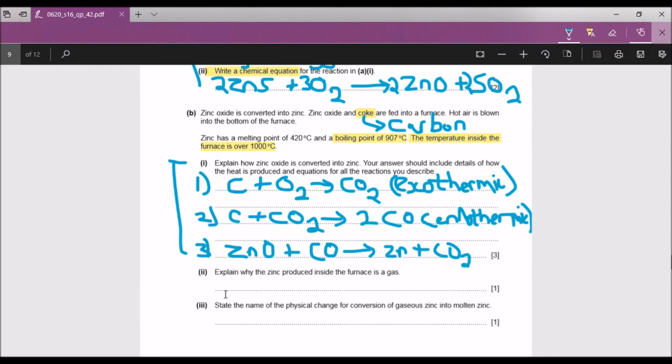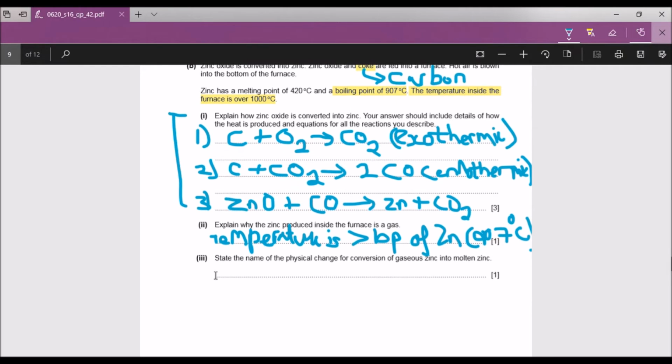So basically you say the temperature inside the furnace is greater than the BP, which is the boiling point of zinc, 907 degrees Celsius. That's 1 mark. You just say that the temperature inside the furnace is greater than the boiling point of zinc, basically.